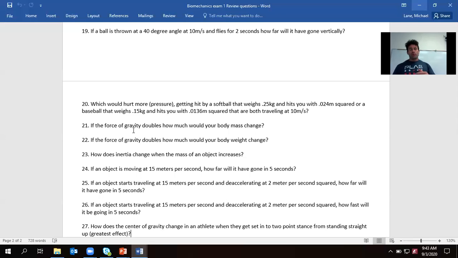So 2 times 5 is 10. 15 minus 10 is 5. So the current velocity for number 26 is going to be 5 meters per second. Cool.